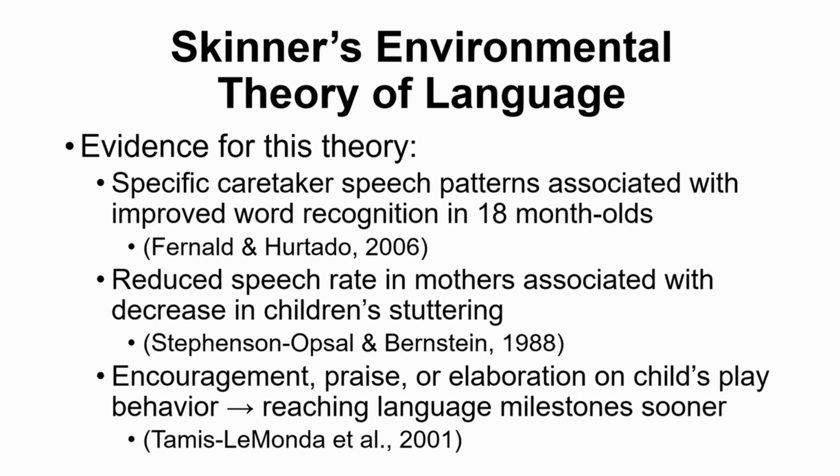So if they get the mothers to speak more slowly and usually therefore more clearly, it encouraged the children to also speak more clearly and more slowly and helped reduce the amount of stuttering they saw. So that environmental feedback and them copying what they experienced their mothers doing for speech patterns led to an improvement in their ability to produce words themselves. So again, not directly related, but still, the environment is affecting their language abilities, therefore it counts.